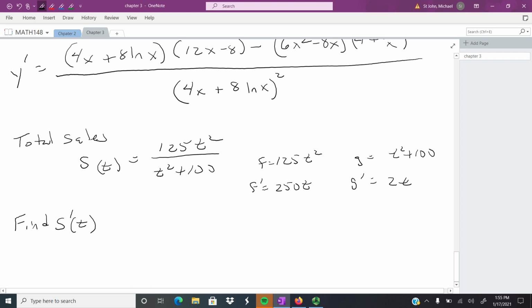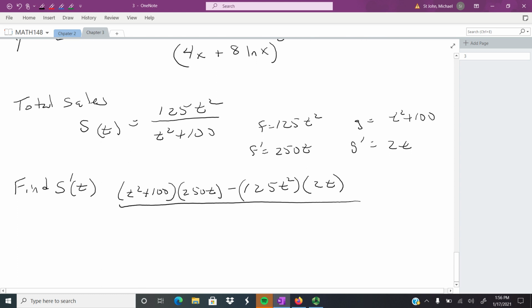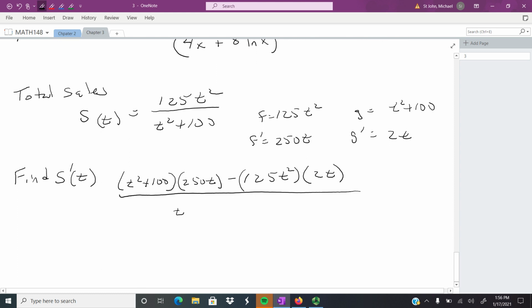So if we plug in, we're going to have t squared plus 100 times 250t minus 125t squared times 2t, all over t squared plus 100, the entire thing squared.